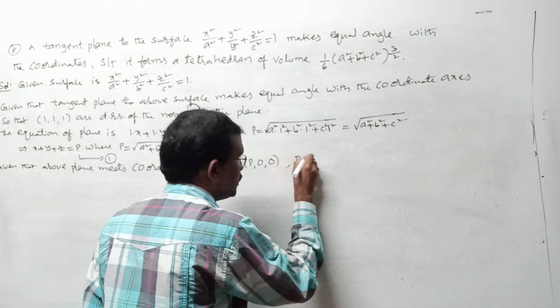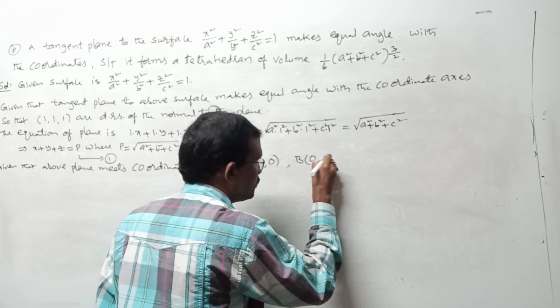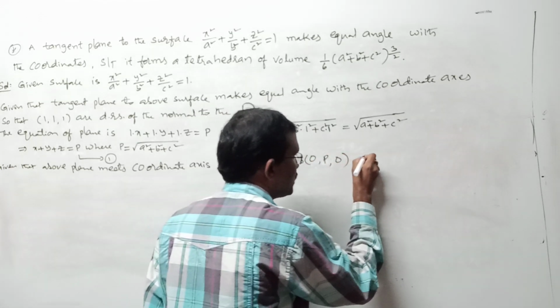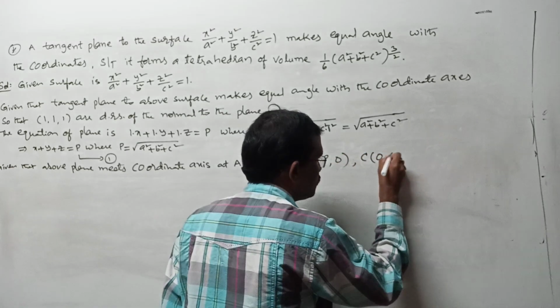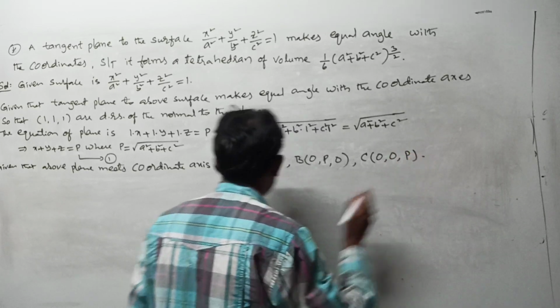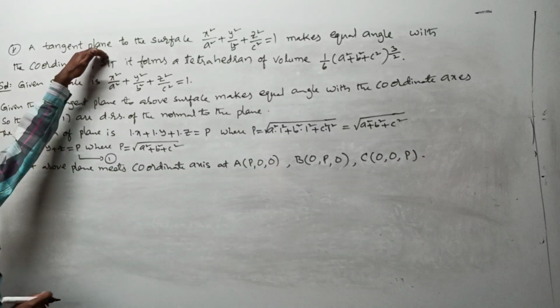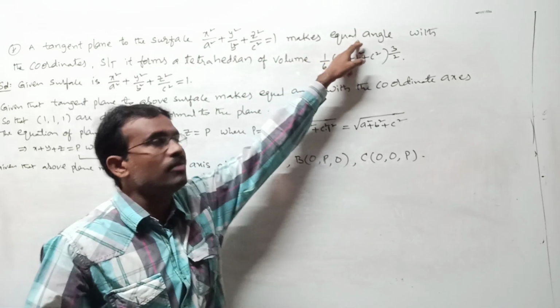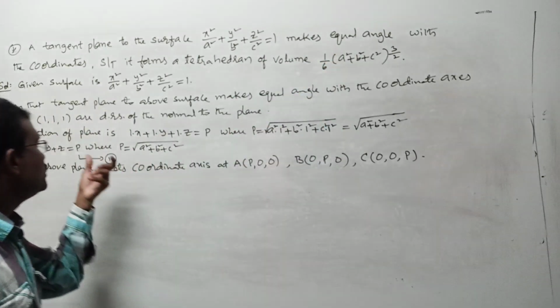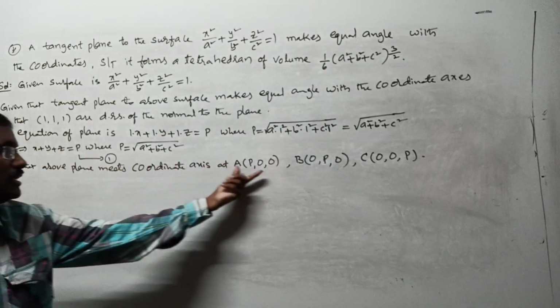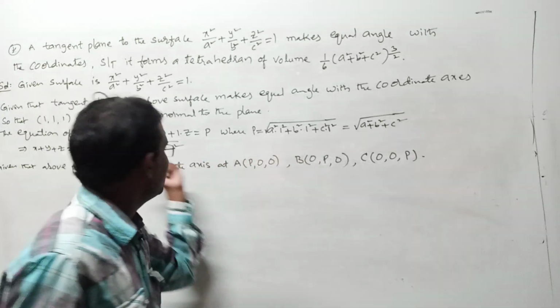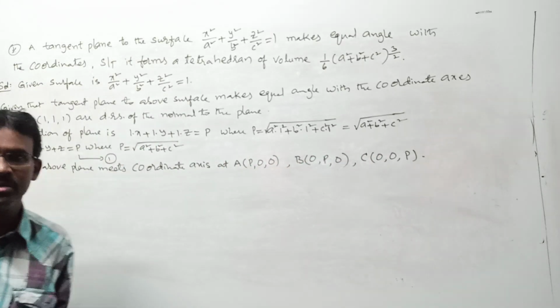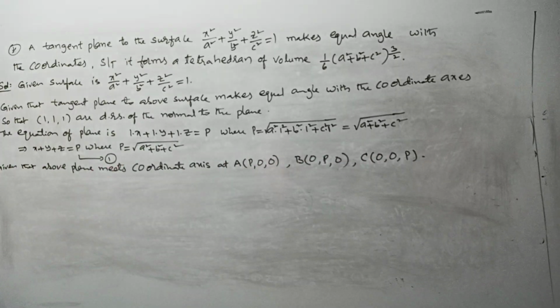The y axis point B is (0, p, 0), and the z axis point C is (0, 0, p). I directly wrote this, though it is nowhere in the statement. Whenever it makes equal angles with the coordinate axes, it must meet the x axis here, the y axis here, the z axis here. That condition we proceed with. Any doubt with this?